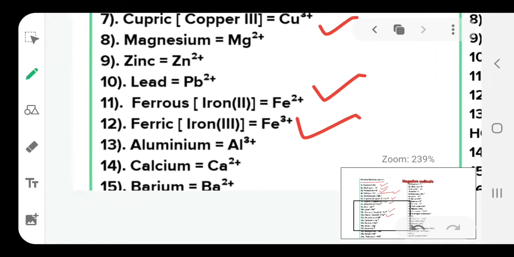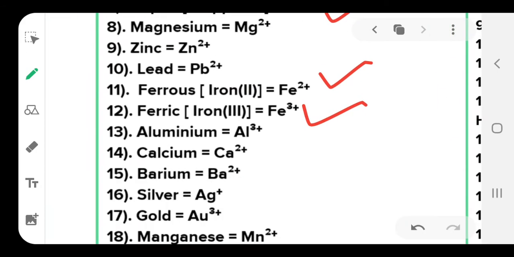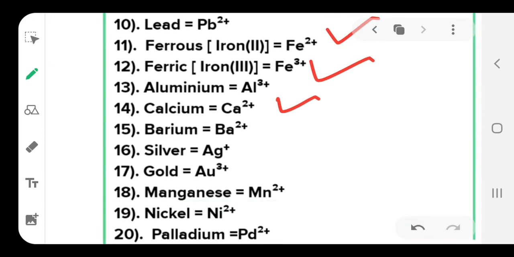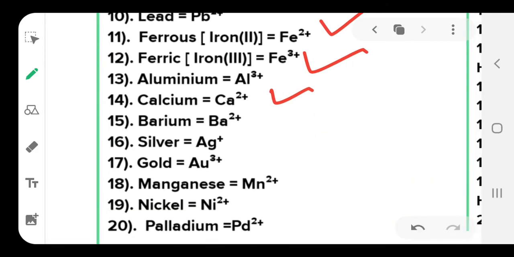aluminum is Al+3, calcium +2, barium, then gold is Au+3, then manganese, nickel and palladium.